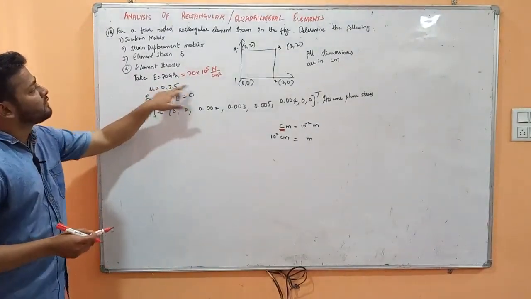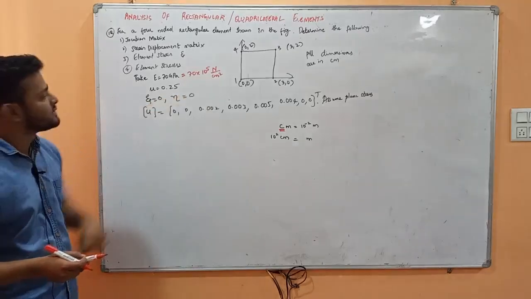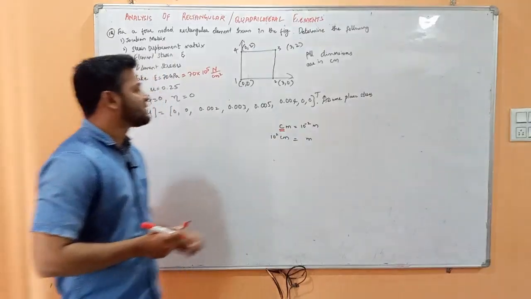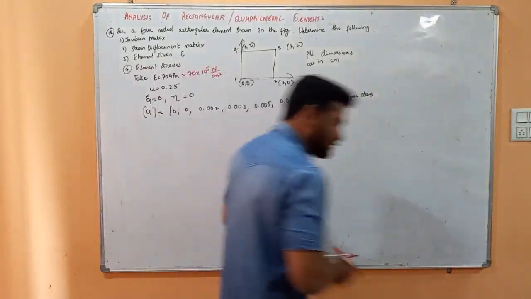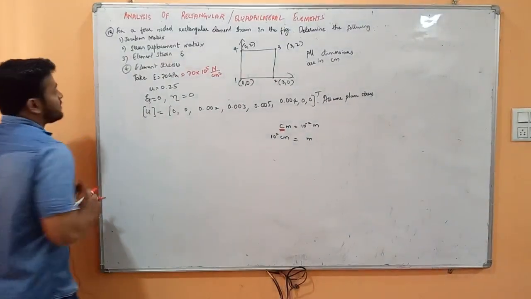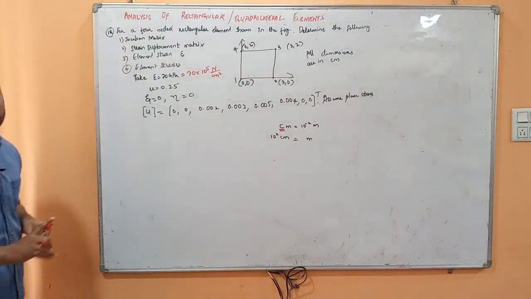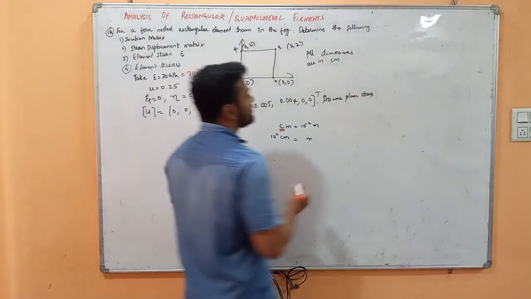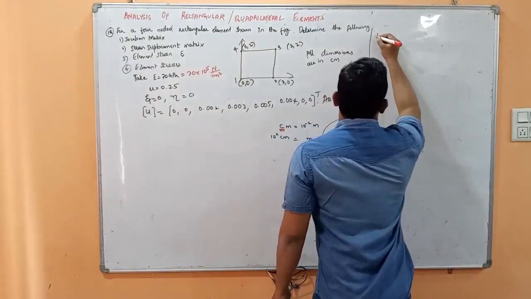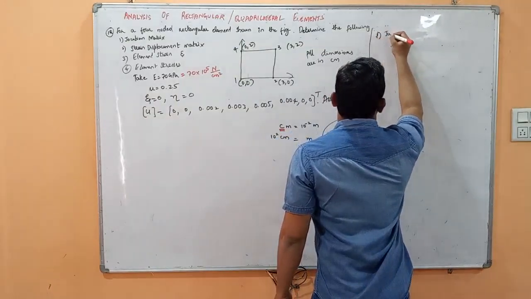After converting in terms of centimeters, I got this E value. So everything is in terms of centimeters now. So first thing we are going to do is find out the Jacobian matrix. Before solving the Jacobian matrix, we should know the formula of Jacobian matrix. So Jacobian matrix is my first bit.